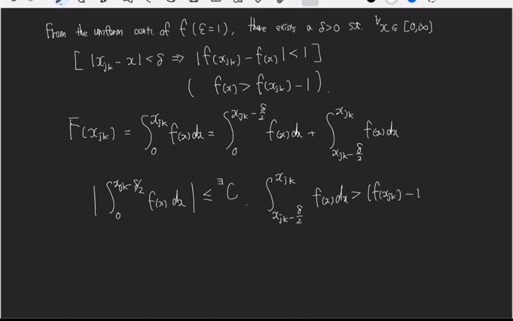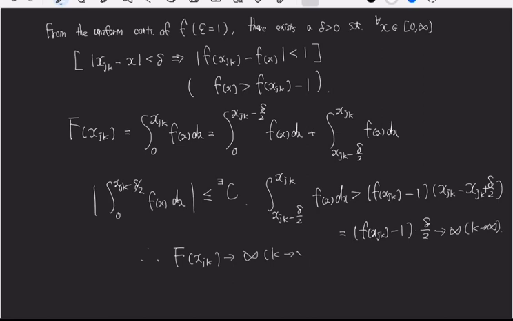Thus, this integral is bounded from below by f(x_{j_k}) minus 1 times x_{j_k} minus (x_{j_k} minus delta over 2), which is equal to f(x_{j_k}) minus 1 times delta over 2. This goes to infinity as k tends to infinity. Thus, the capital F of x_{j_k} goes to infinity as k tends to infinity, which contradicts the boundedness of capital F.